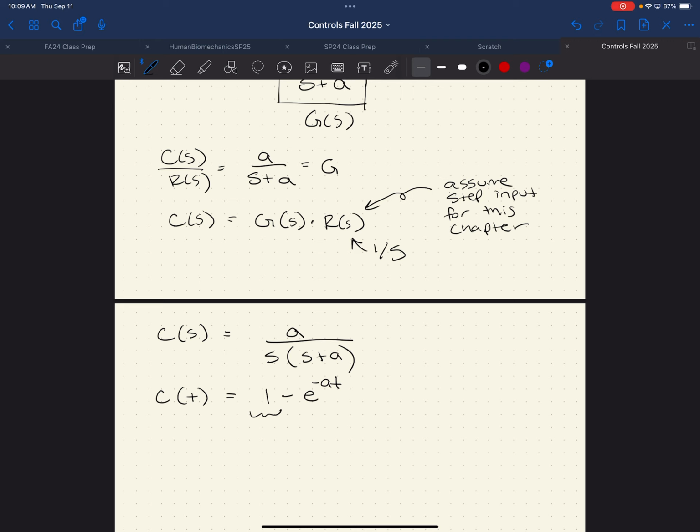This term is always going to be the forced response. This term is always going to be the natural response.